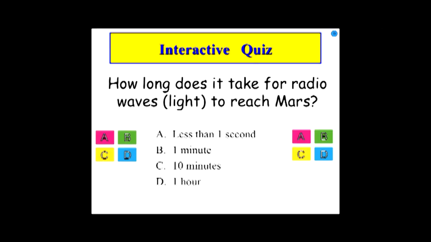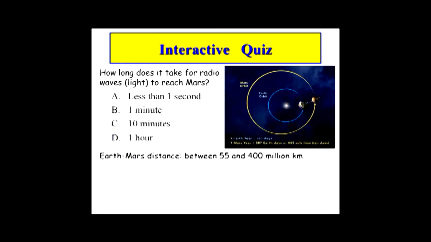You thought that I was an honest professor, but I'm not. Earth to Mars, well, it could be 55 million kilometers, but if Mars is on the other side, it's a lot farther. If it's on the near side, it only takes 3 minutes, so those of you who put B would have been more or less right.